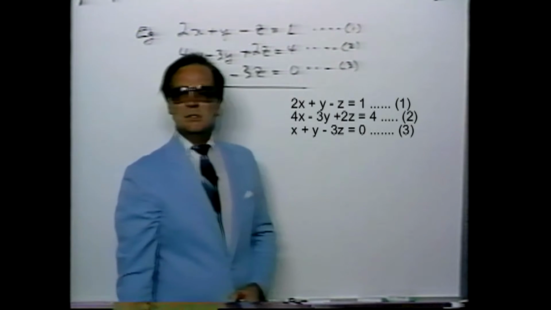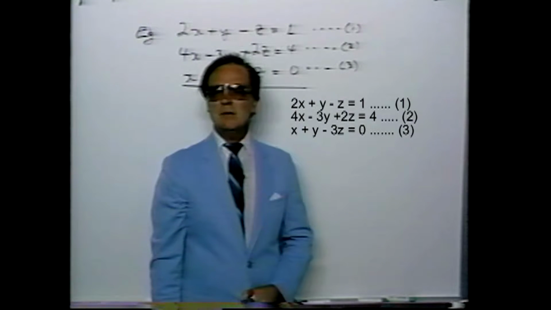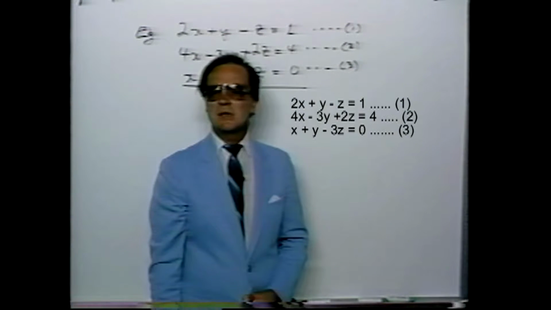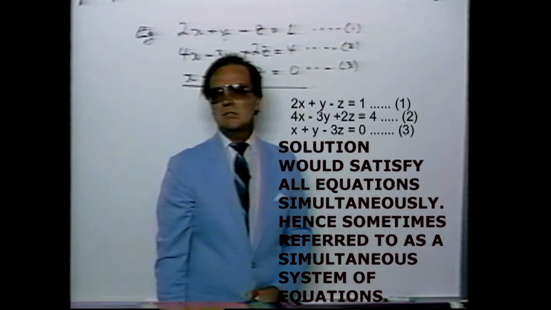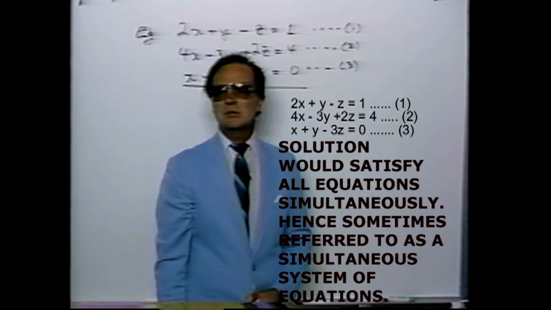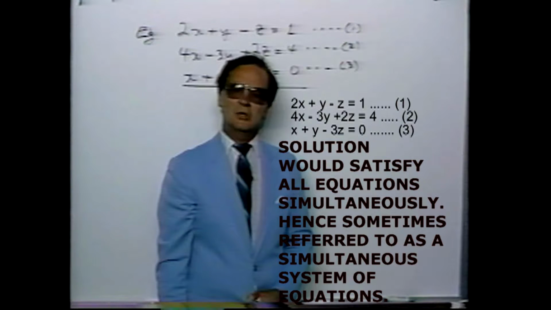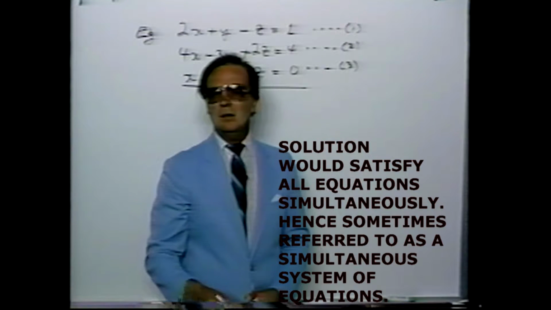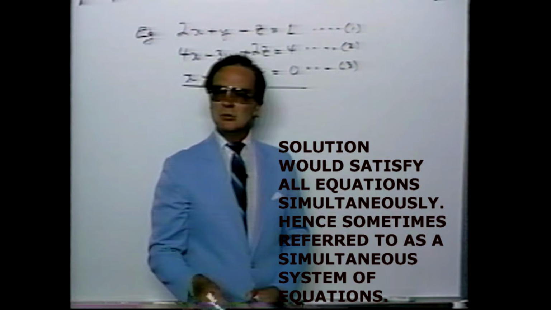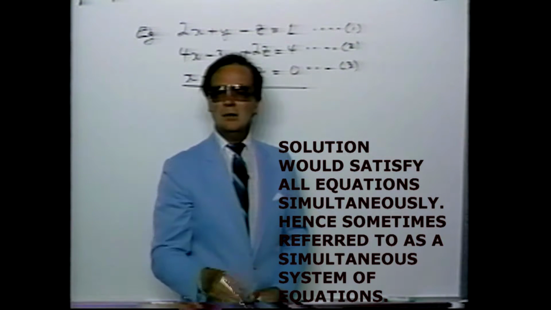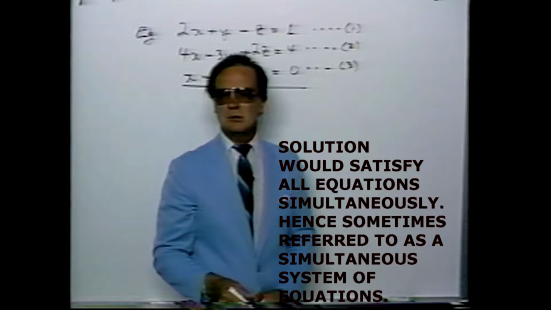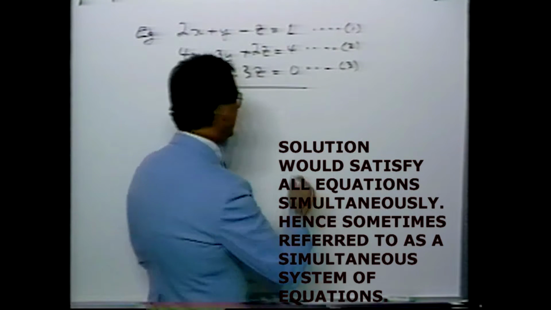For any given system, the solution is the set of values for the variables that satisfy all equations. That is why it is sometimes called a simultaneous system of equations, since the solutions to the variables satisfy all the equations simultaneously.